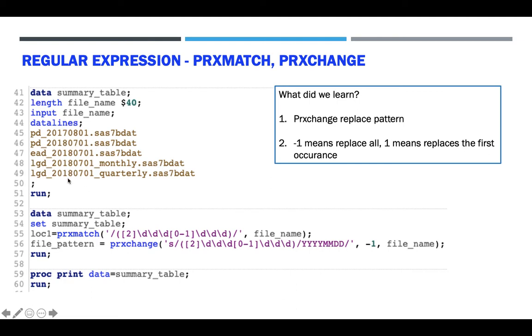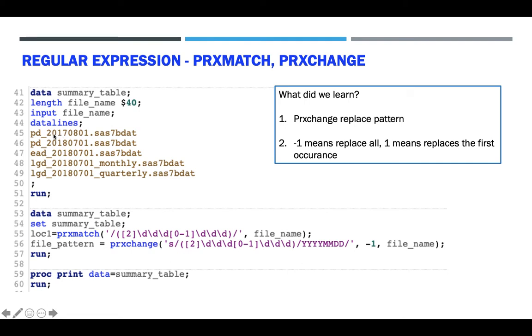So why would I do that? Because once I change this to a standardized pattern, I can group them and find out how many PD models I created, maybe within a folder or between a certain time frame. Right. So this -1 means I'm searching from the beginning all the way to the end.